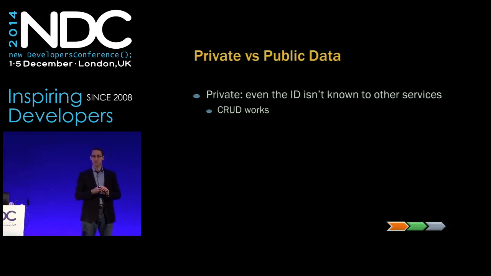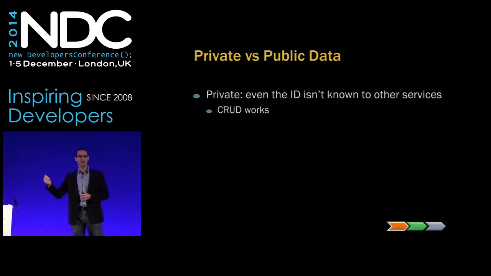If I'm a user and I create a new book, I want to operate in a create, read, update, delete kind of fashion. And I can do this safely. I can delete that product as long as that data was private, meaning no other service was aware of the existence of a product with this ID.